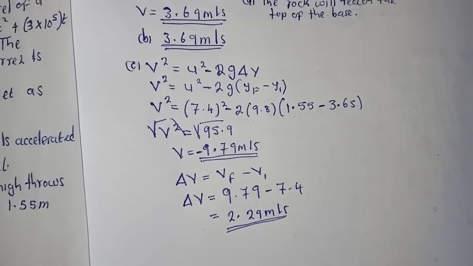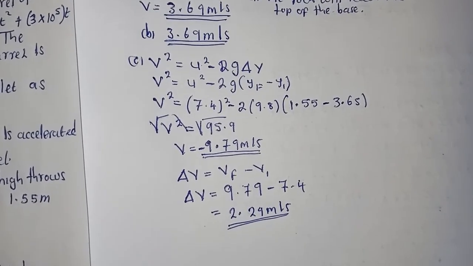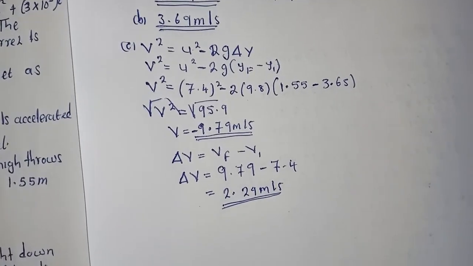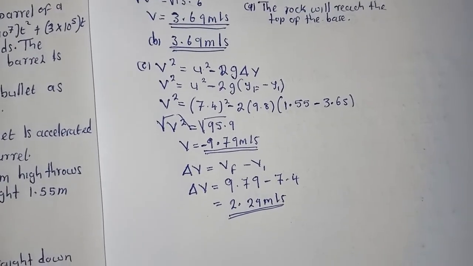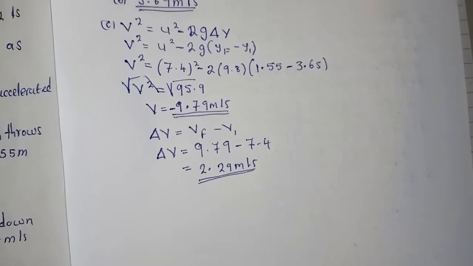For D, they're saying, does the change in speed of the downward moving rock agree with the magnitude of the speed change of the rock moving upward between the same elevations? For this one, you just have to subtract.